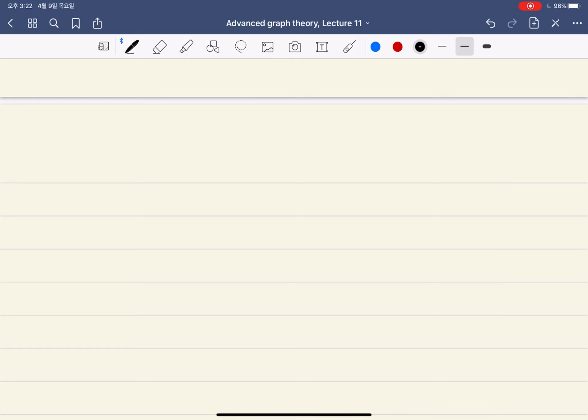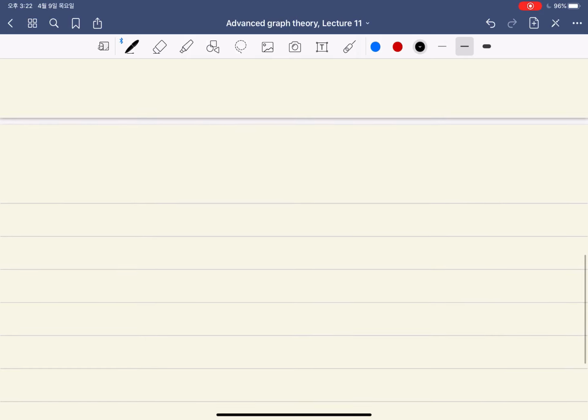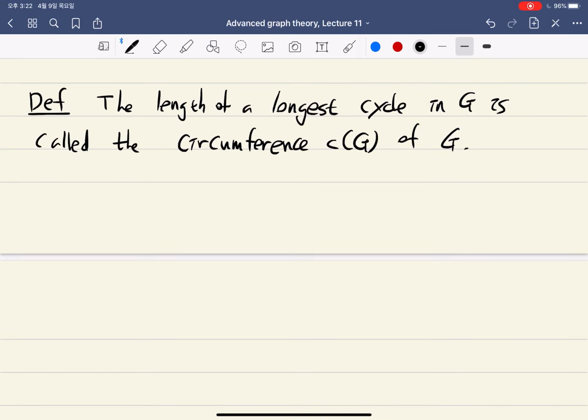Then one of the typical extremal questions we can ask is: what's the relationship between the number of edges and the circumference? If we have at least that many edges, can you say something about its minimum possible circumference?